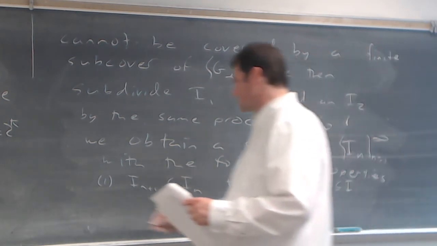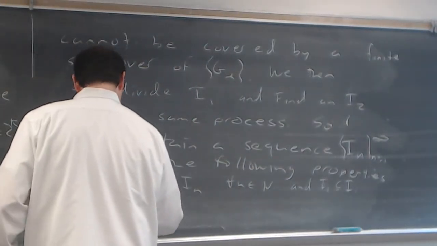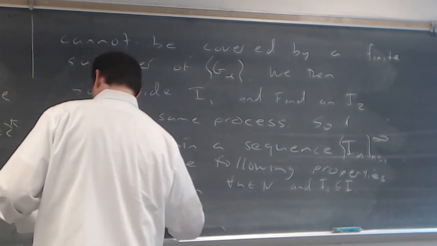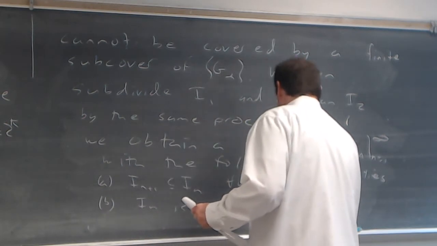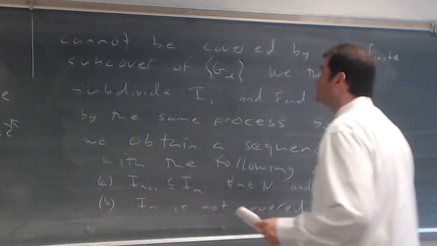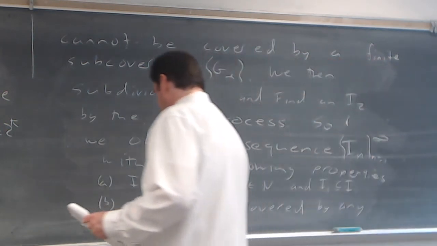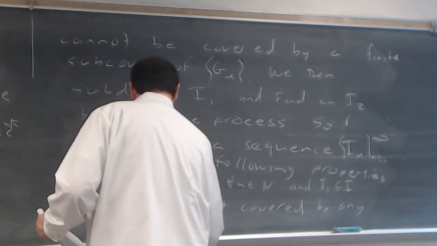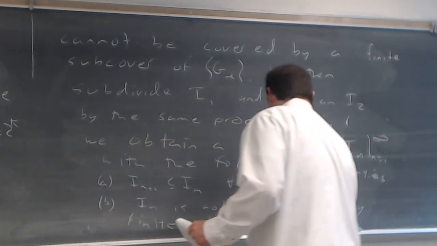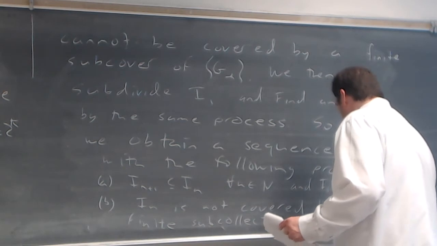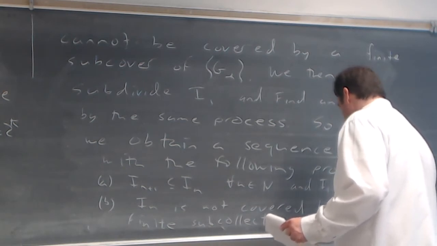The second thing, B, is that I sub n is not covered by any finite subcollection of G alphas.